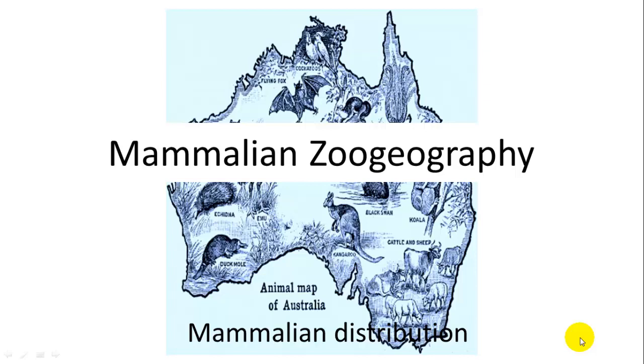All right, mammalian zoogeography. This is exactly what it sounds like. You're taking animals and figuring out where they live in the world. This may be as simple as where you would find squirrels in your area, to a more broad geographic scale, like you find lions in Africa, right?